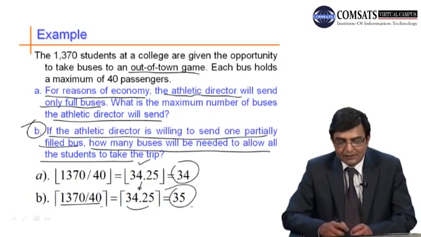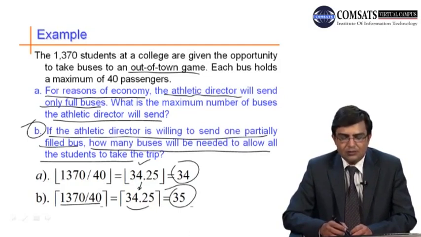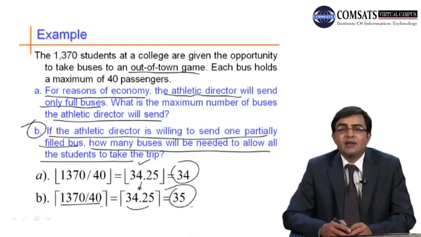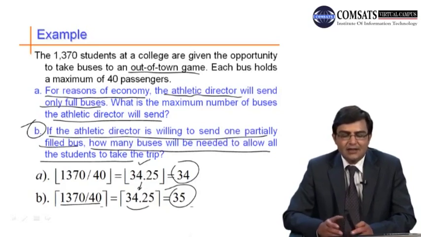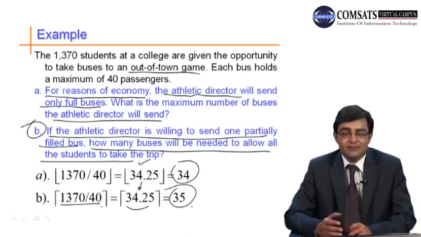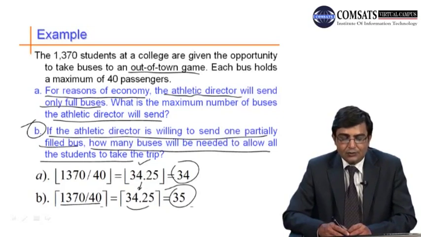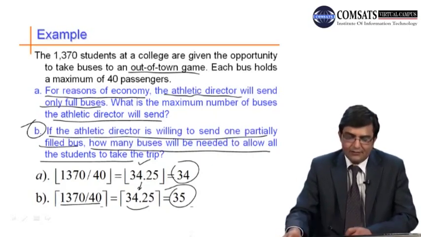So 35 buses will be needed to take all the students to the ground where they want to play the game. This is how we can apply ceiling and floor functions in daily life problems of such kind to calculate complete integers such as 34 and 35.